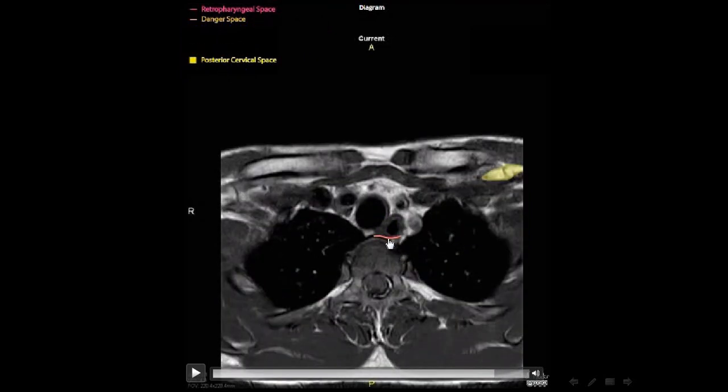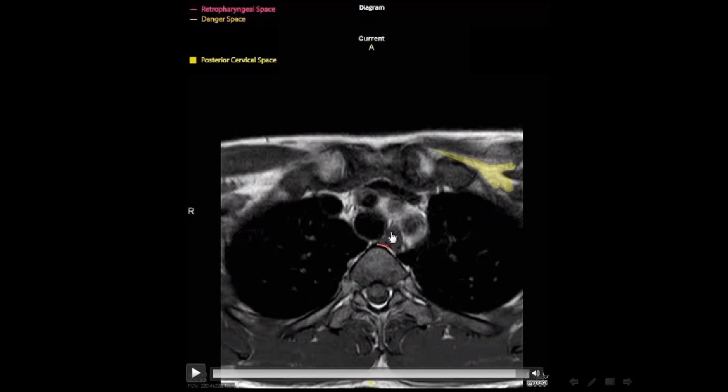As you see here, the retropharyngeal and danger space are extended into the mediastinum. So now we're almost in the chest, in the mediastinum. But this space is still extended to this position. That's why it's dangerous. When there is infection, there will be an extension to the mediastinum.